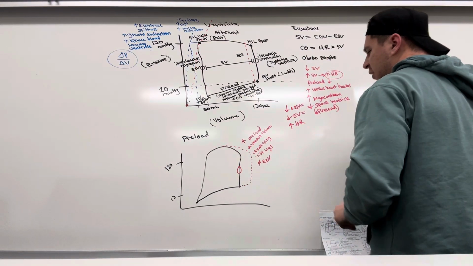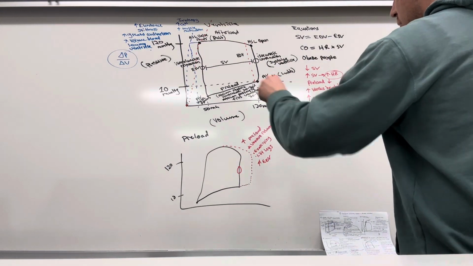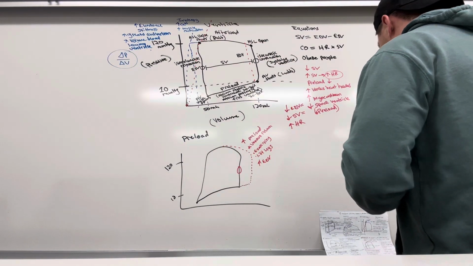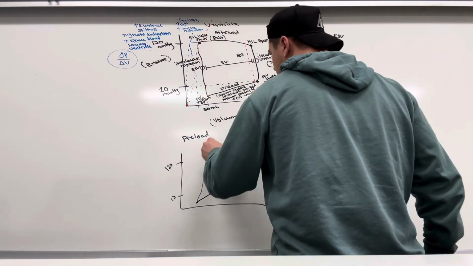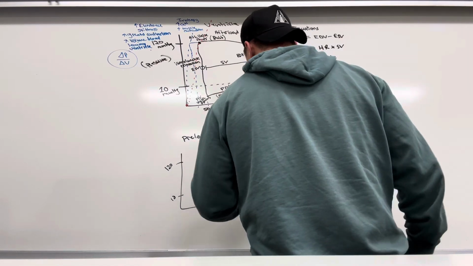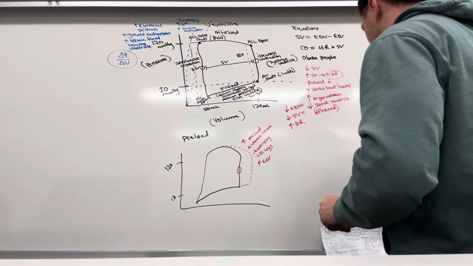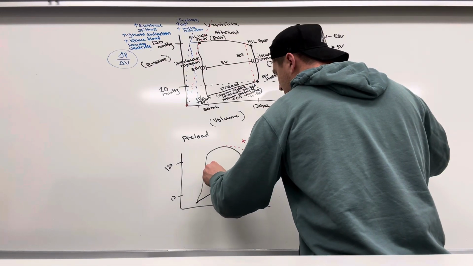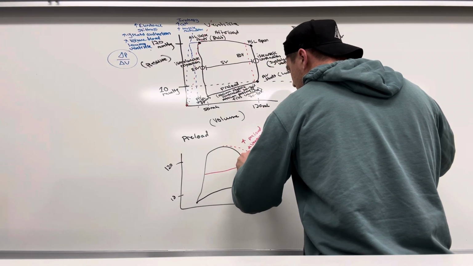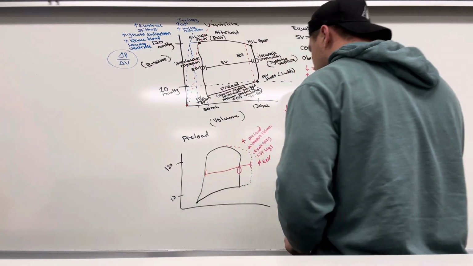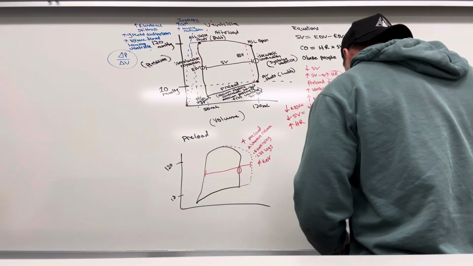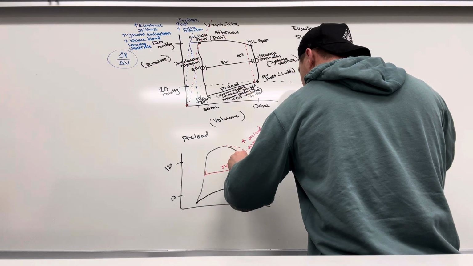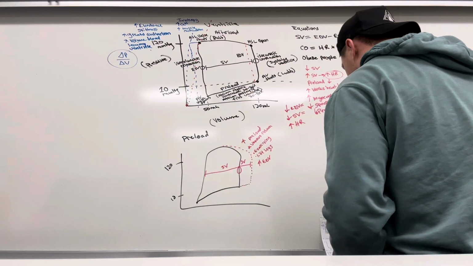So if we increase EDV, we increase that venous return, and then we have an increase in preload. But preload does not mean that we increase afterload, and it doesn't mean that we move our inotropy. But it does mean that stroke volume has increased. Okay? And I'll label this as stroke volume. And that continues over.